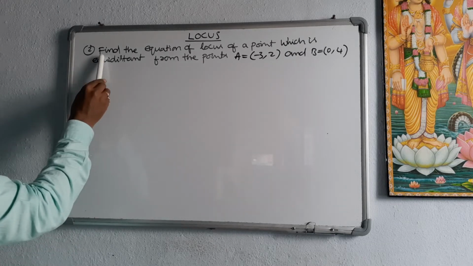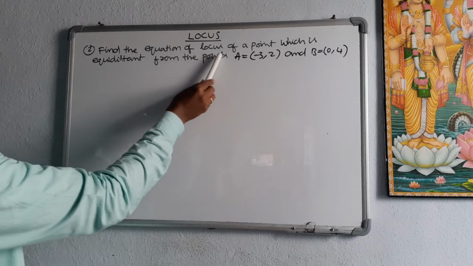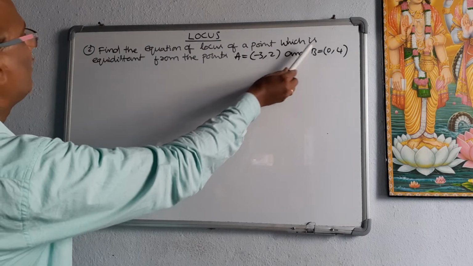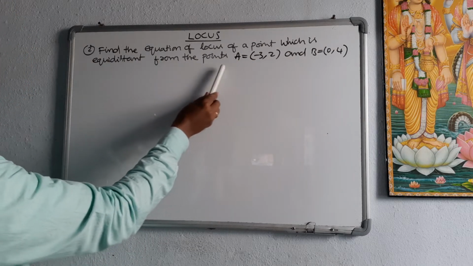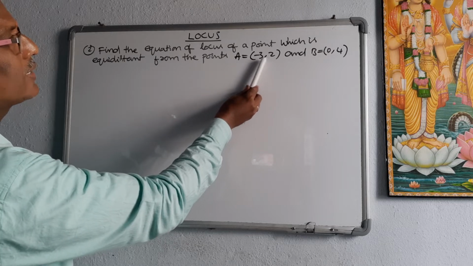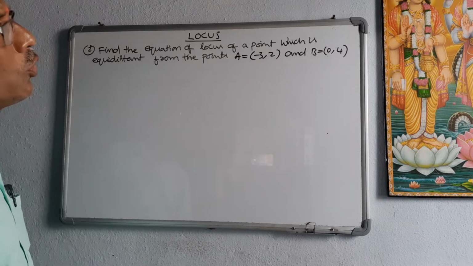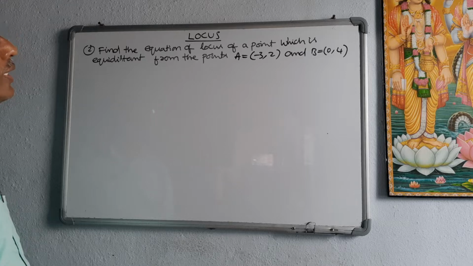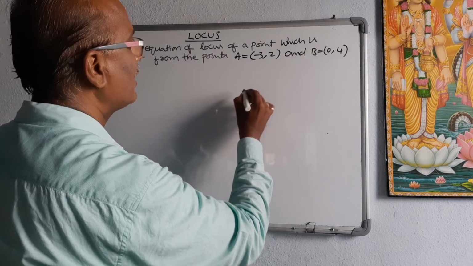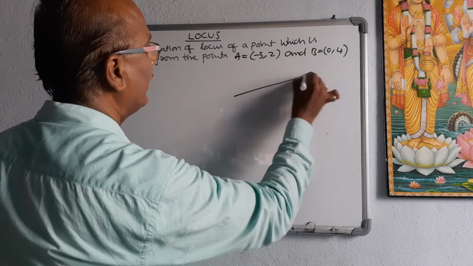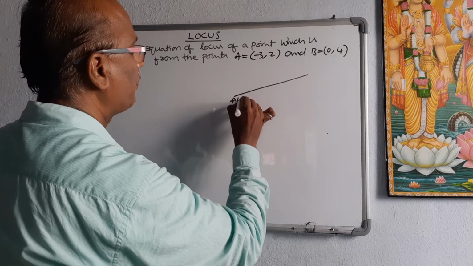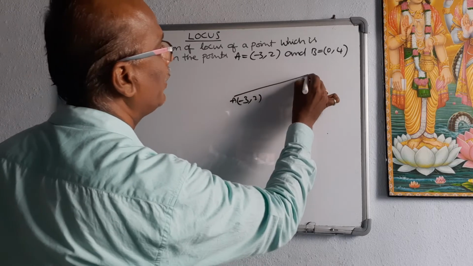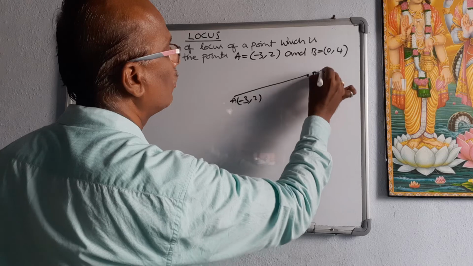Second one, find the equation of locus of a point which is equidistant from the points A = (-3, 2) and B = (0, 4). Here the line segment end points are A = (-3, 2) and B = (0, 4).